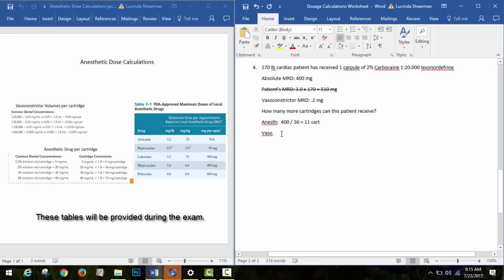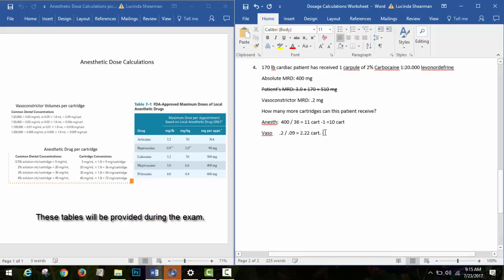For vasoconstrictor, 0.2 divided by 0.09, which is the amount of vasoconstrictor in a 1 to 20,000 carpule of anesthetic, which equals 2.2 cartridges. So, to answer the question, the person has already received one cartridge. So, this one minus 1, that would equal 10 cartridges.